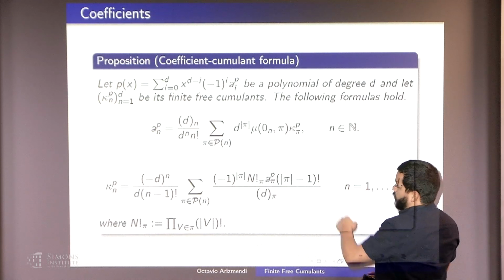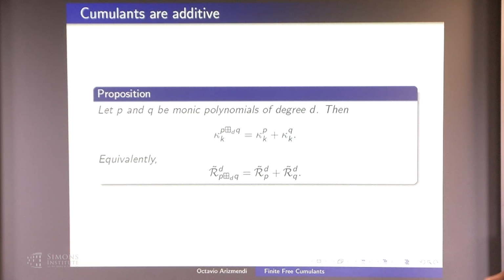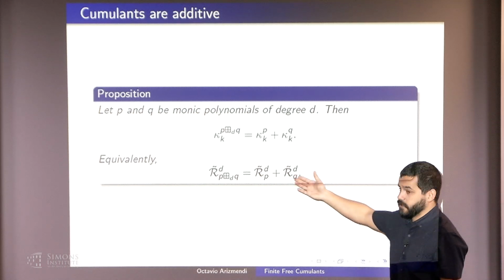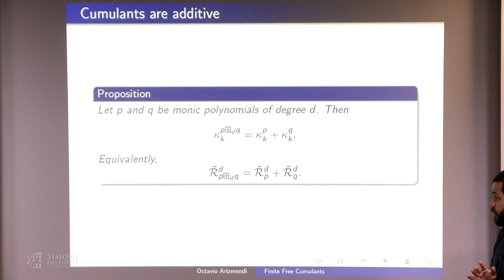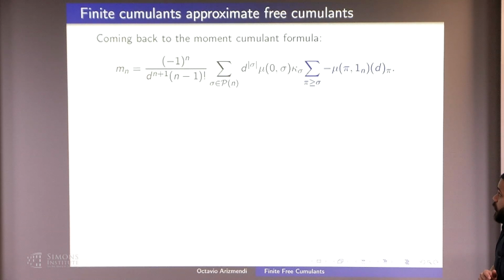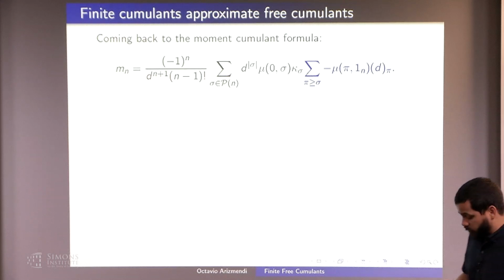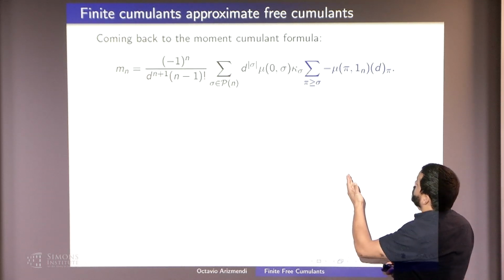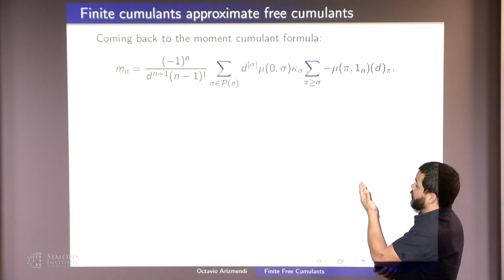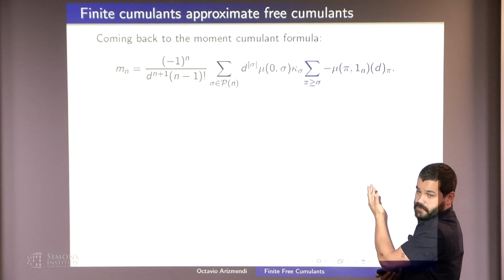Okay. So using this formula, one can prove that finite free cumulants are additive without relying on Marcus's result directly. And let me just analyze a little bit how this formula looks. So first of all, when d goes to infinity, one wants to recover free cumulants.